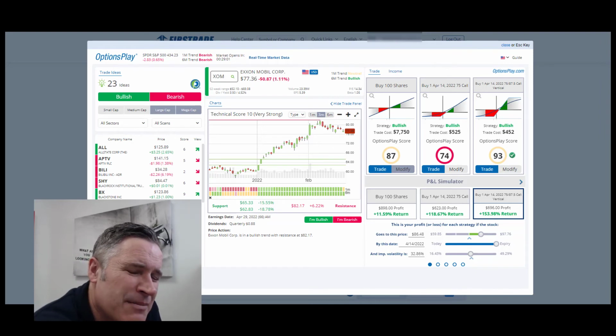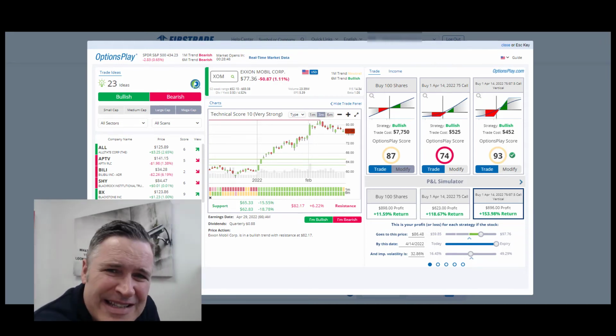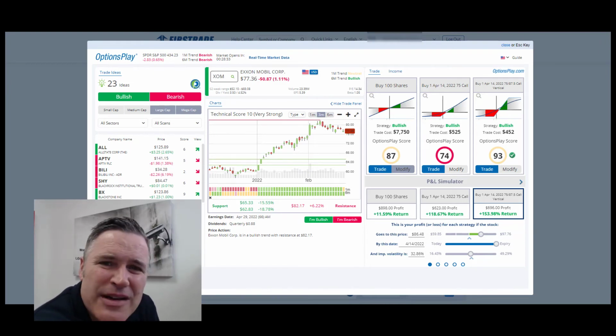Or if you're feeling more ambitious, and this is where the science of options comes in, it's about the probability of success. The further and further you go away, the more unlikely it is that your option strike is going to be hit. So if you go down to a 10 delta option, for example, it's almost getting into the realms of gambling, unless you know something about that stock and that the price is going to move quite heavily to get you in the money.